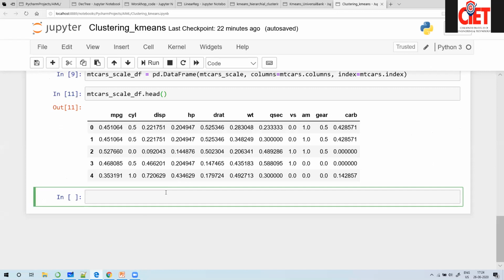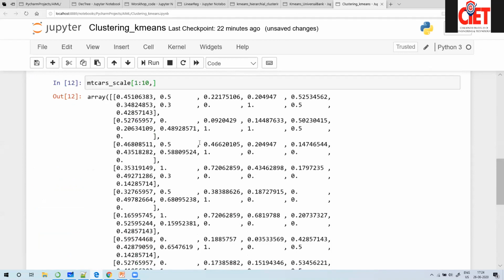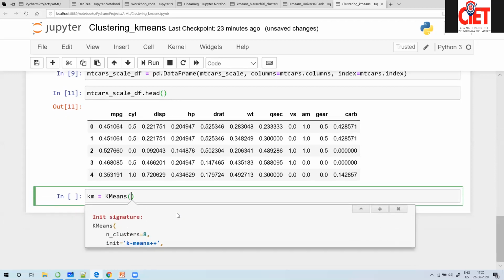Now we have the scaled data ready. Now let's try to compute the k-means cluster. We call this Km is equal to K-means, with the number of clusters.